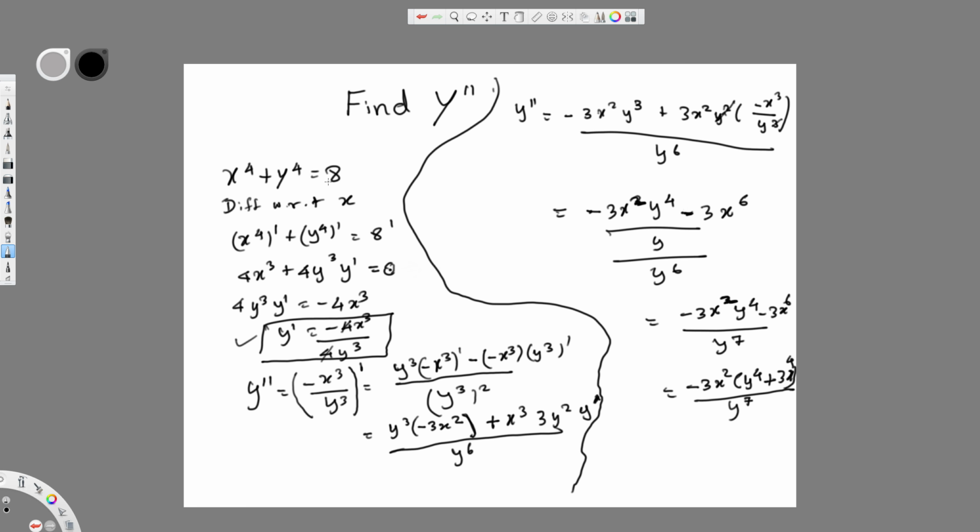So when I take minus 3x square outside, it's y to the power of 4 plus x to the power of 4, so I can directly substitute this 8 here. It's going to be minus 3x square times 8 over y to the power of 7. So this is going to give me minus 24x square over y to the power of 7. This is my final answer.